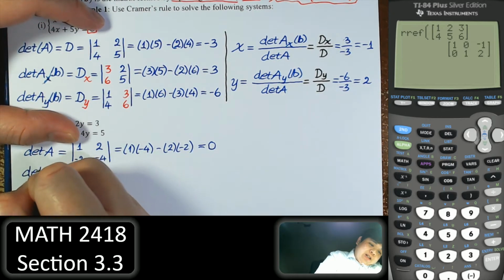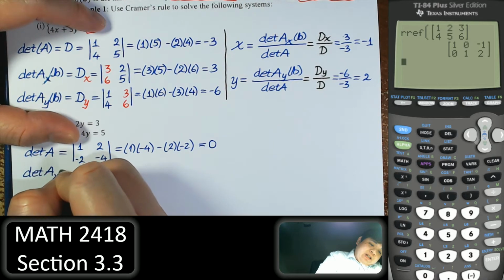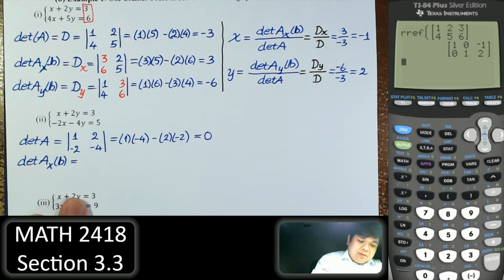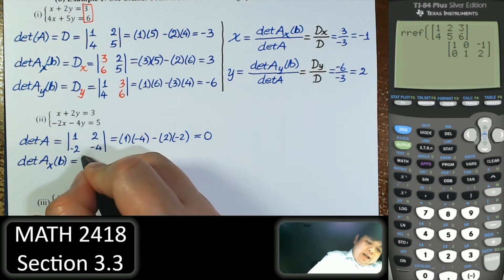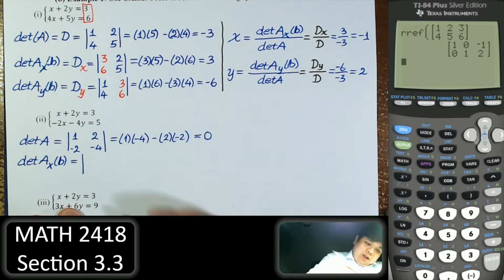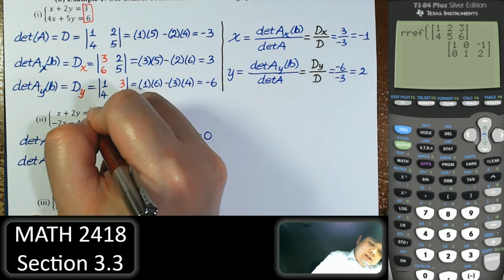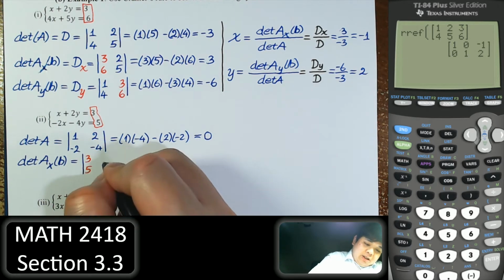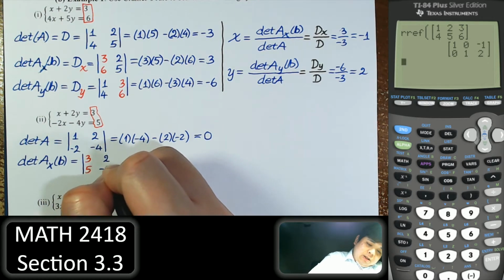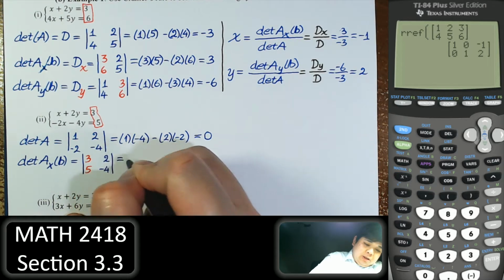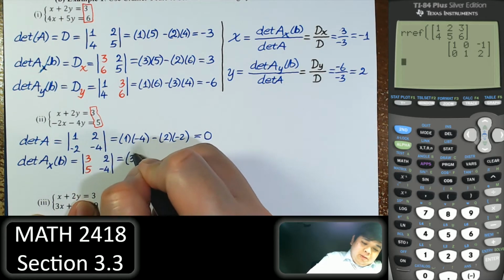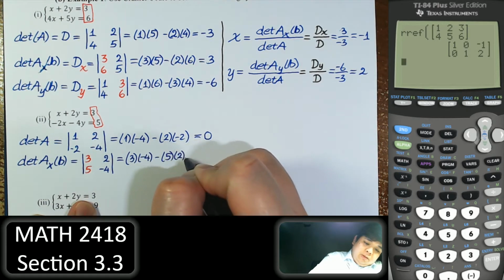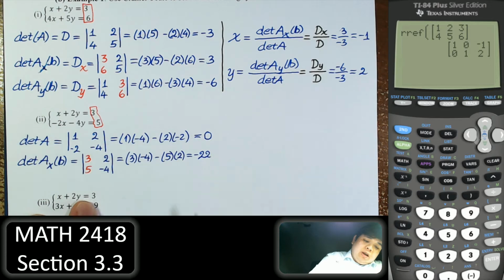And then we find determinant of A with x replaced by b, and so we replace 3 and 5 into the x coefficients. And we have negative 22.